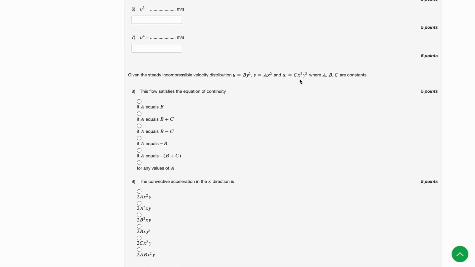Let's say you have the u direction velocity equal to b y square, the v direction velocity a x square, and the w direction velocity c x square y square. That means u, v and w are given, and a, b, c are constants. If this flow satisfies the continuity equation, then what is the relation between A, B and C?